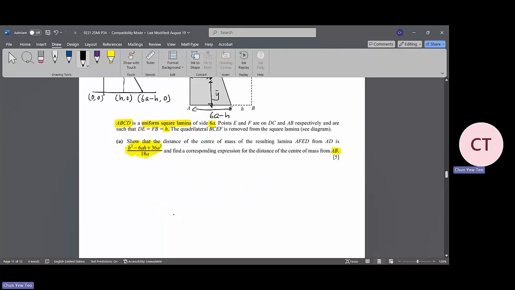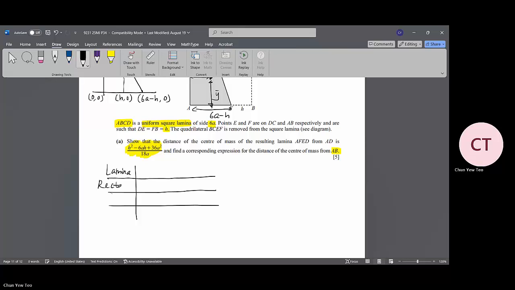So from here, with the table that I drew over here, we can put in the information that I have drawn just now. So we have a lamina. I break the diagram into a rectangle and a triangle.